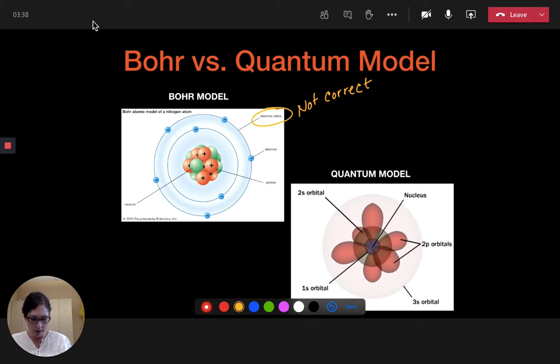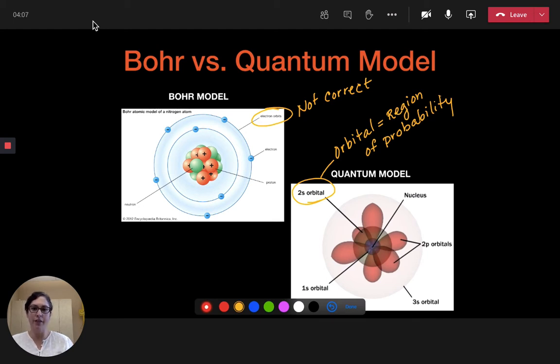In the quantum model down here, we see these things called orbitals, okay? And an orbital is not an orbit. It's a region of probability, where we are most likely to see an electron.